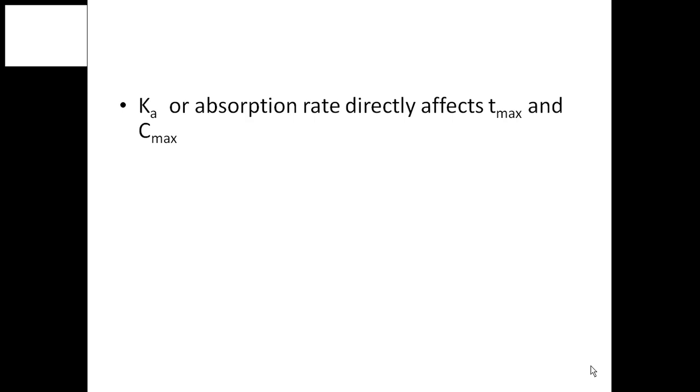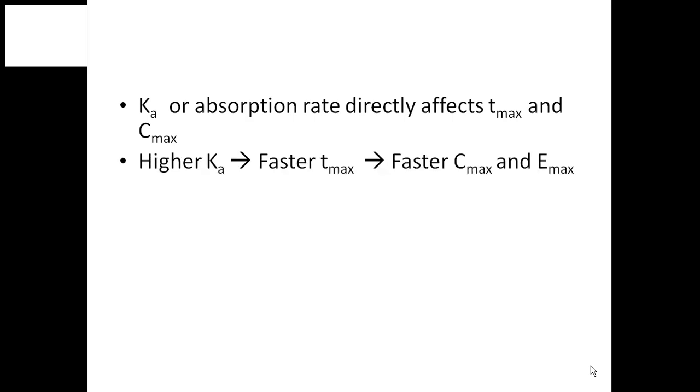As far as Cmax is concerned, Cmax generally remains unaltered, but in certain cases it may reduce due to a prolonged absorption process. A higher Ka, that is absorption rate, therefore results in a faster Tmax, as I mentioned, which may result in a faster Cmax, and further a faster therapeutic or effective maximum value.